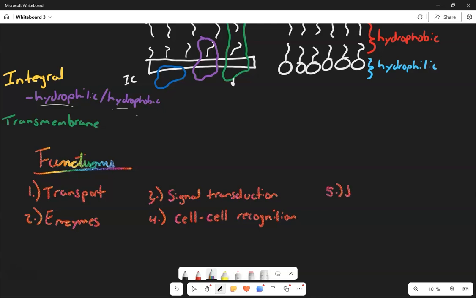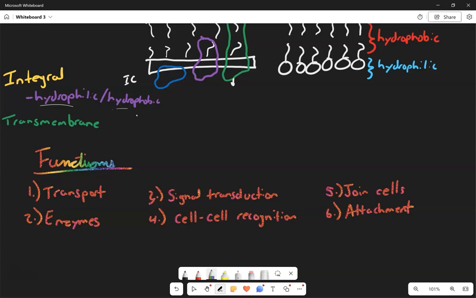They can join cells together. So think of your gap junctions, the connexons. Those are membrane proteins. Or they can be involved in attachment for things. So think about your desmosomes, your hemidesmosomes, right? The adherens, the cadherin proteins are membrane proteins.